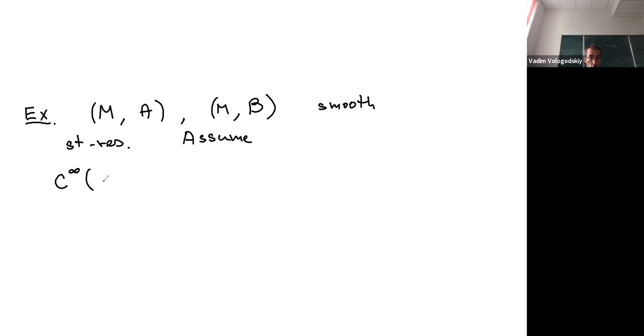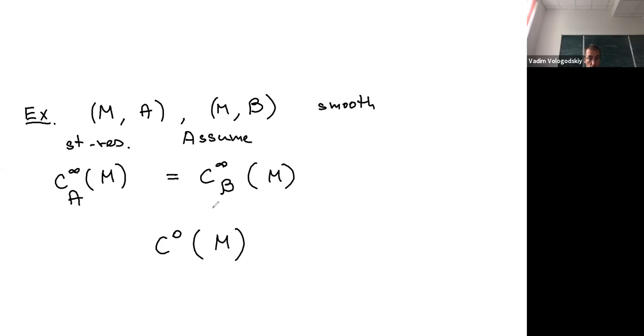Assume that smooth functions on M with respect to one atlas, with respect to one smooth structure, are the same as smooth functions with respect to the second smooth structure. This equality really makes sense because these are subrings of the ring of all functions, or continuous functions.